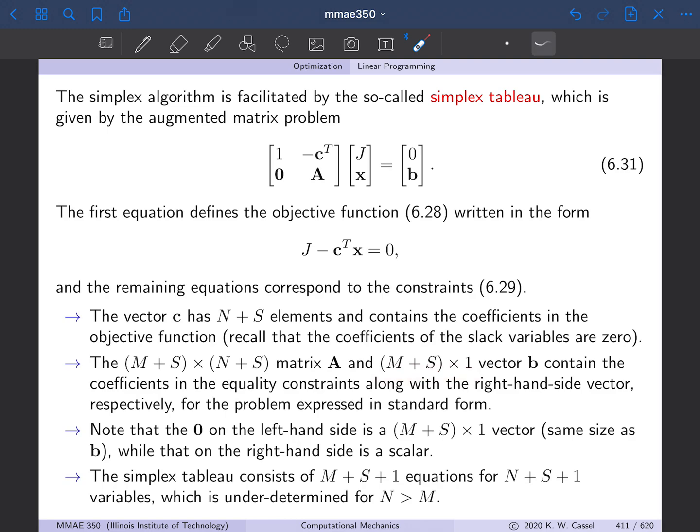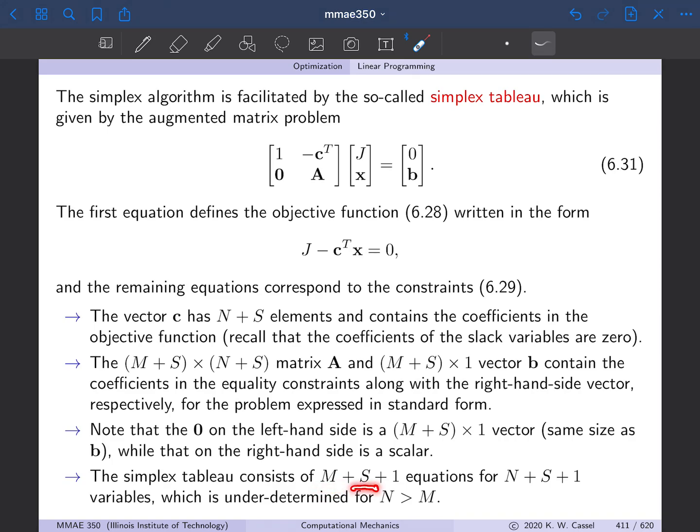All right, now I already discussed the zeros. There's a scalar 0 and the vector 0 in there. And then when we put this all together, our simplex tableau has m plus s plus 1 equations for n plus s plus 1 variables. So let's just walk through that. The m equations come from the original equality constraints.